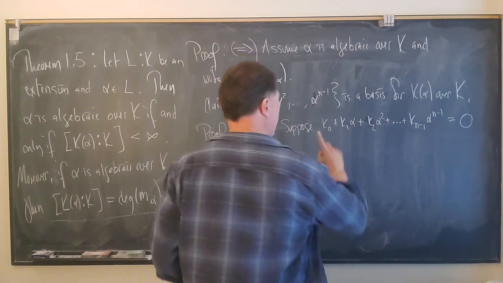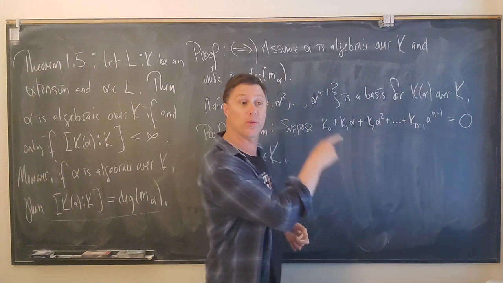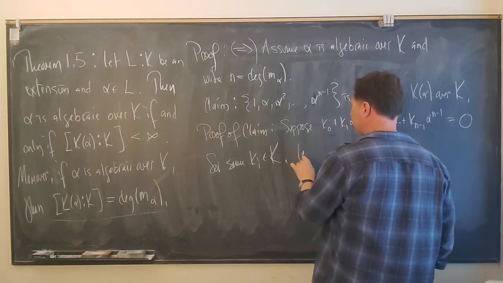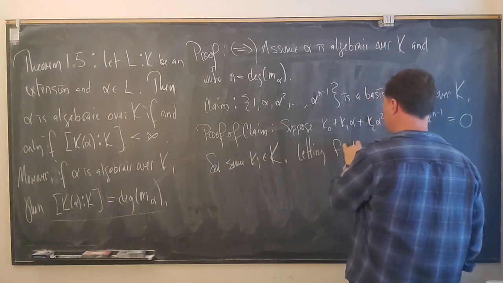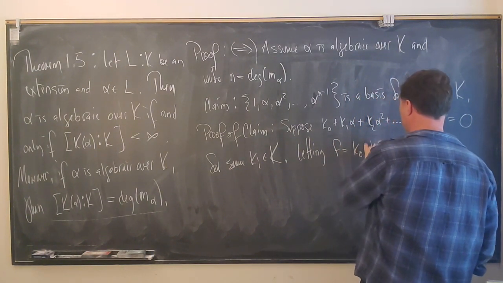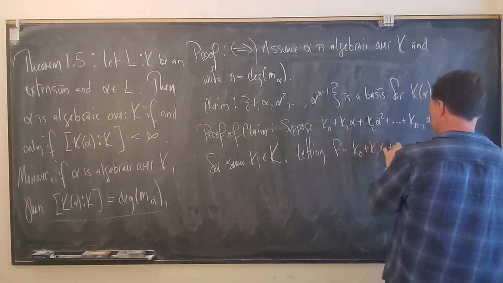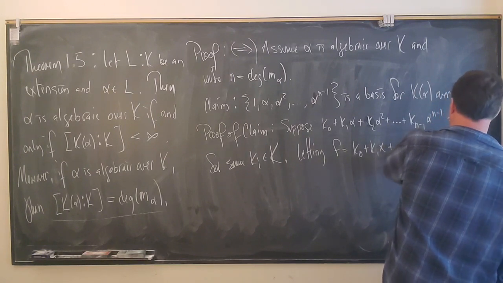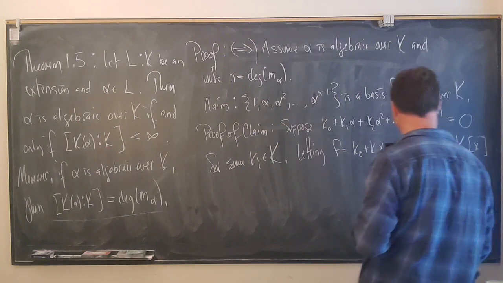Well, you can think of this linear combination actually as a polynomial where you plugged alpha in. So that's what I want to do next. Letting f equal k0 plus k1 x, so I'm just going to replace the alphas with x's, plus dot dot dot plus k sub n minus 1 x to the n minus 1. This is a polynomial in K bracket x.